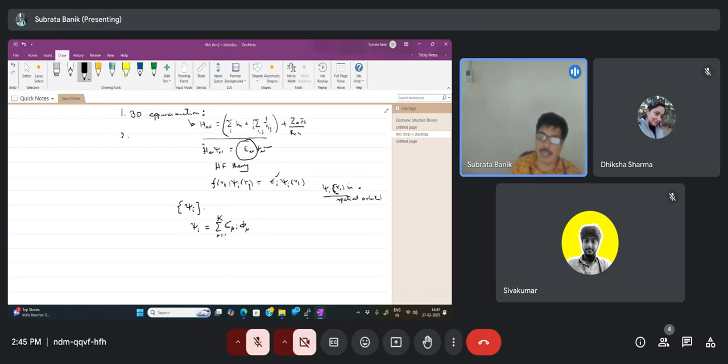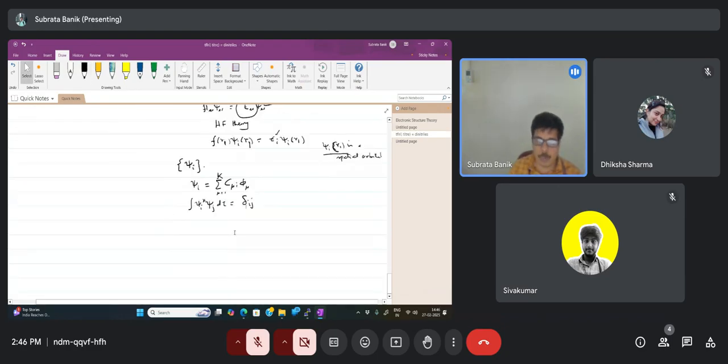That set we write as a linear combination to get a molecular orbital. This equation also ensures that these molecular orbitals are orthogonal to each other, but the atomic orbitals are not. So using this condition, we put it here.